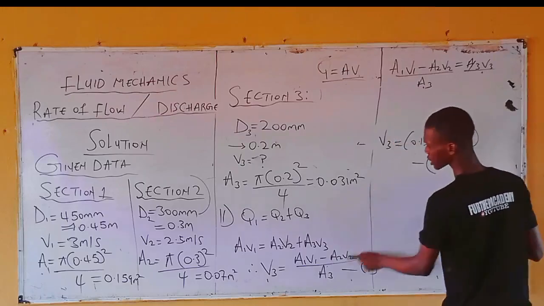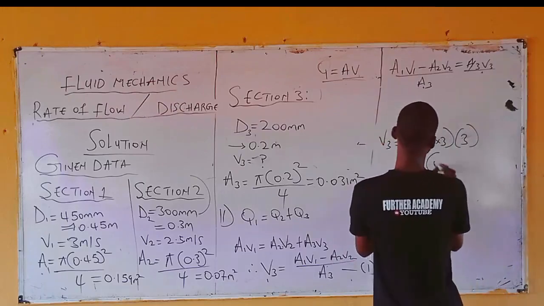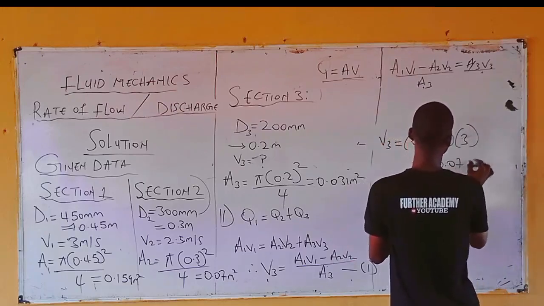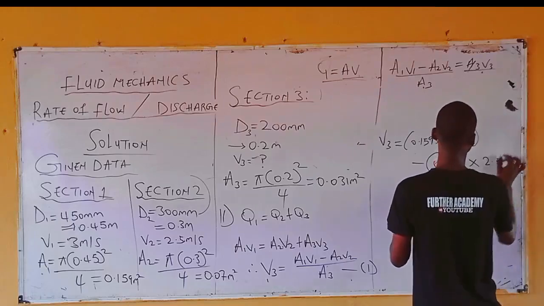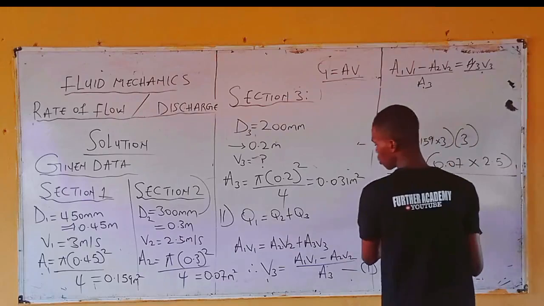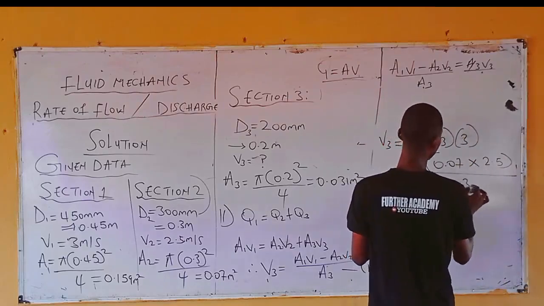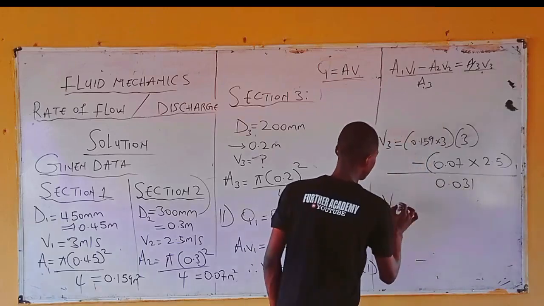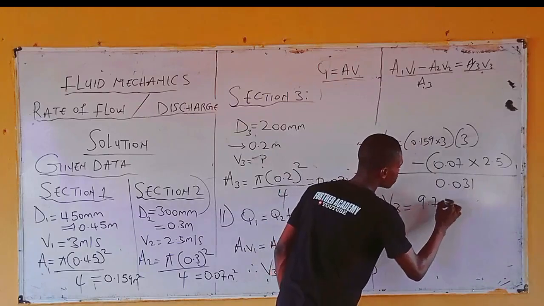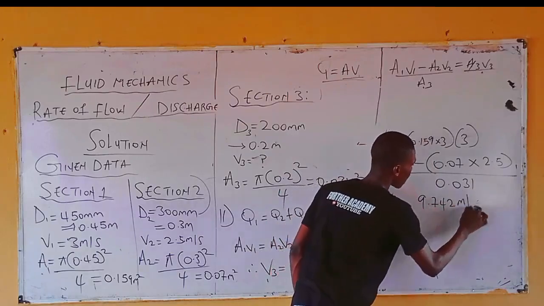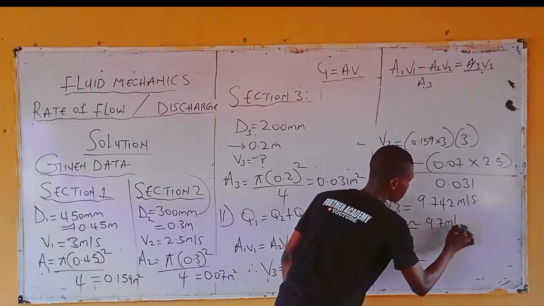Minus, all in brackets, A2, which is 0.07, multiplied by V2, which is 2.5. All divided by A3, which is 0.031. Now you put this in your calculator. What's V3? 9.742 meter per second, approximately 9.7 meter per second.